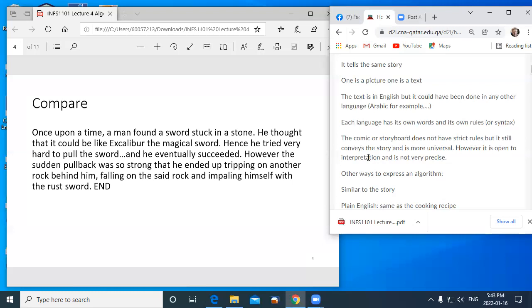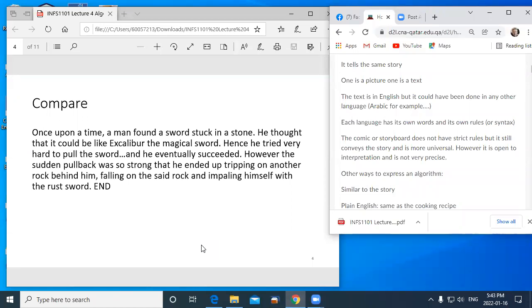So just like our story of the guy trying to get the sword out of the stone, we can represent our algorithms by pictures, and we call that a flow chart. And we can represent it by stories, which would be plain English, but we also have a structured way of writing stories.